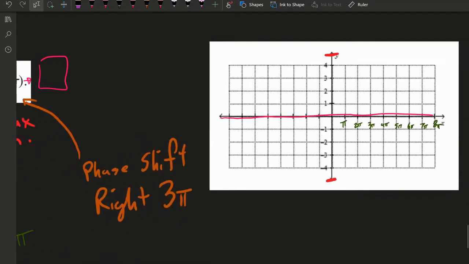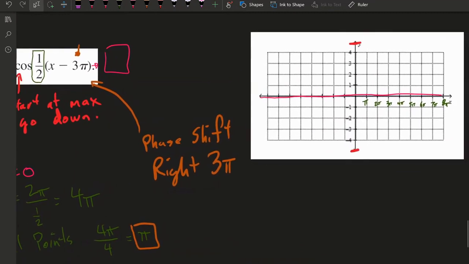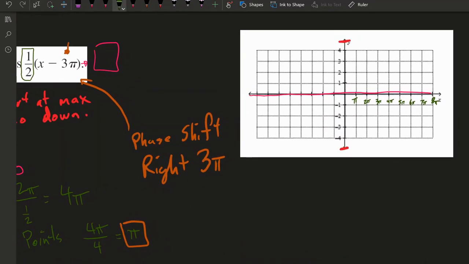Okay, so normally we would start at 0, but we have a phase shift to the right by 3 pi. So that means I'm going to start to the right 3 pi right here, except cosine starts at the maximum. So I'm going to go up to the maximum, and there's my first point. Now, 1 pi later, I'm going to go down to the midline.